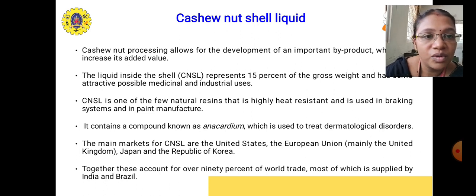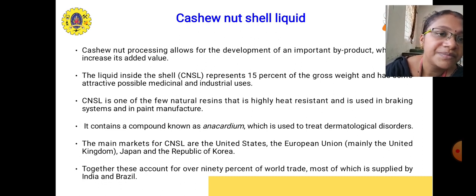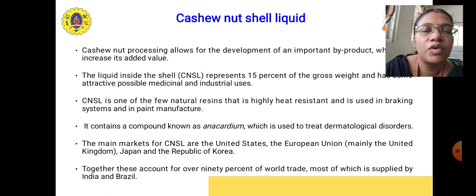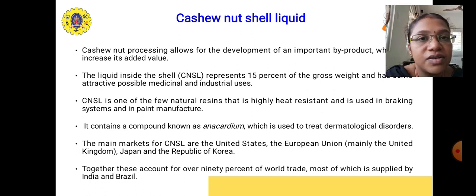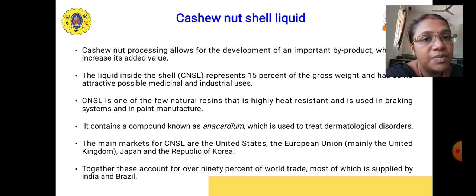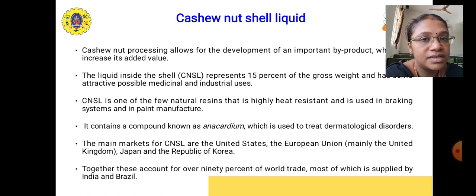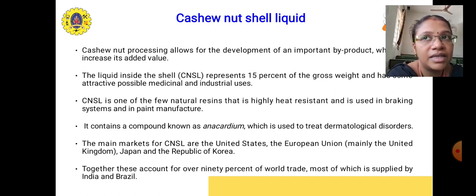Together these account for over 90% of the world trade, most of which is supplied by India and Brazil. So overall, 90% of the world trade in cashew nut shell liquid is done by India and Brazil only.